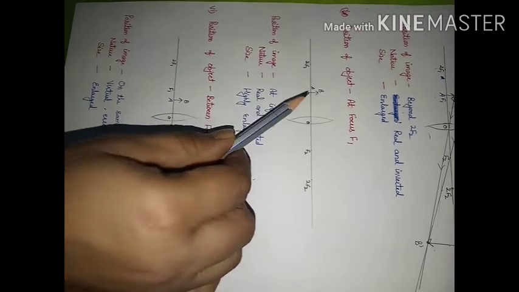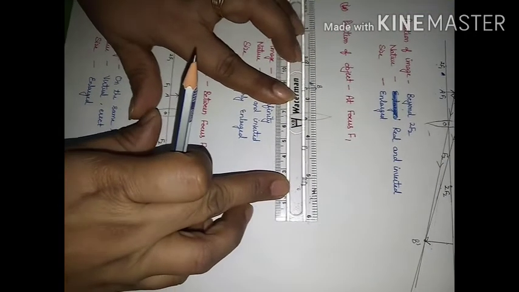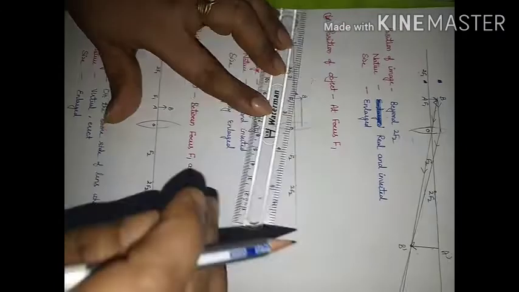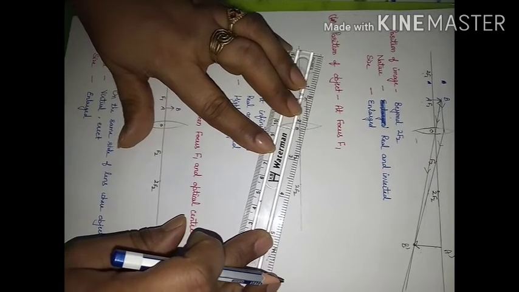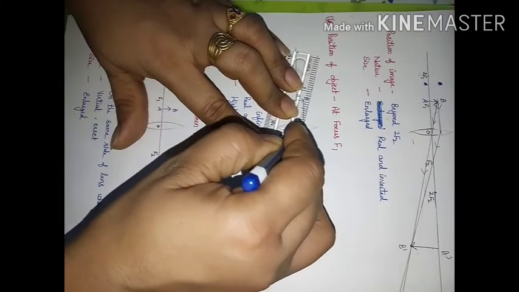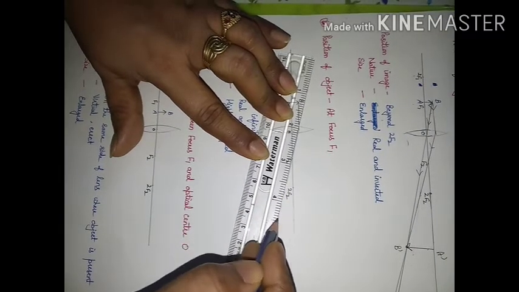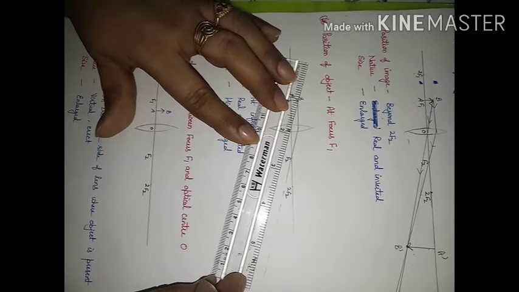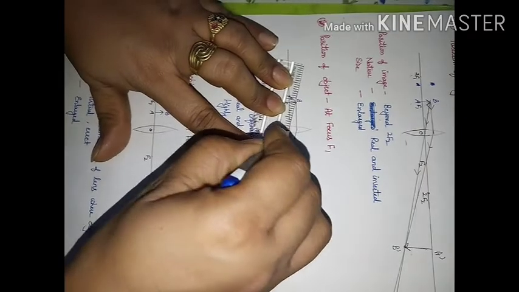Next case, when the object is kept at focus. Again we will consider a ray of light that is parallel to principal axis. After refraction it will pass through focus. And this is a ray of light that is passing through optical center, coming from this point.